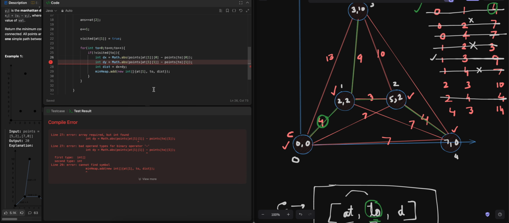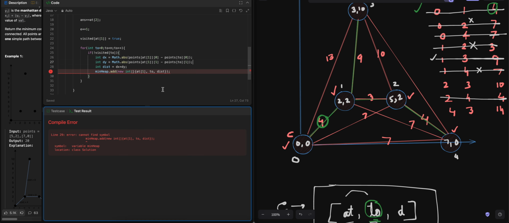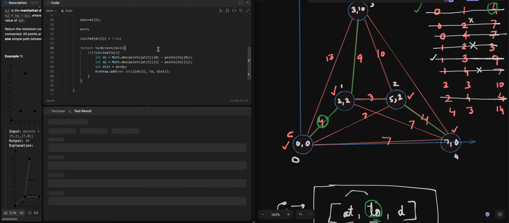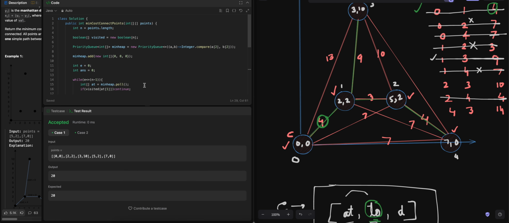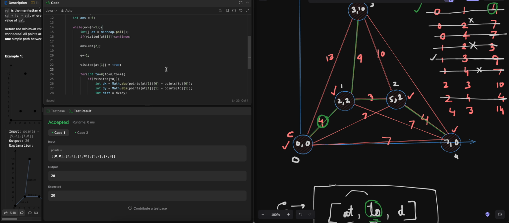So okay, this bracket is misplaced. Now yeah, let's try to run it again. Min heap again, this should be small h. Okay, fine. So all the basic test cases are passing. So let's try to submit it now.